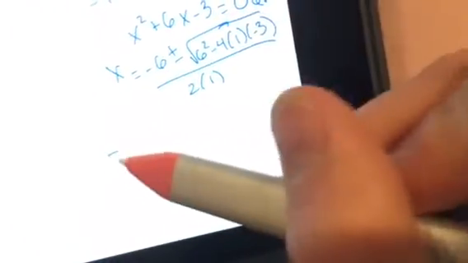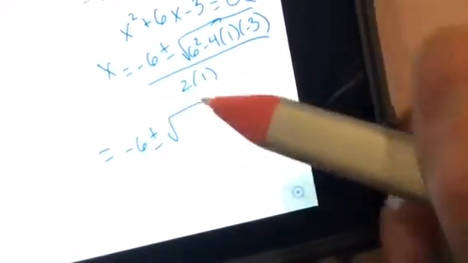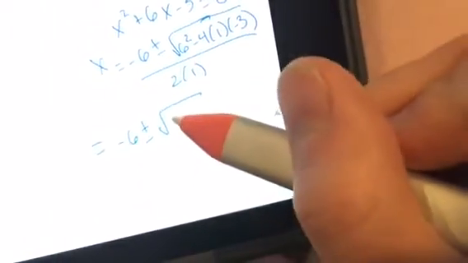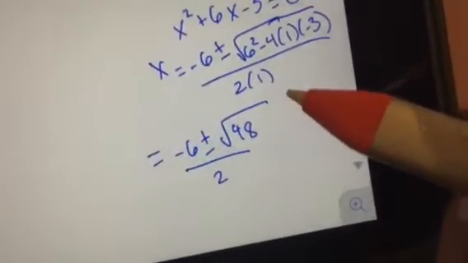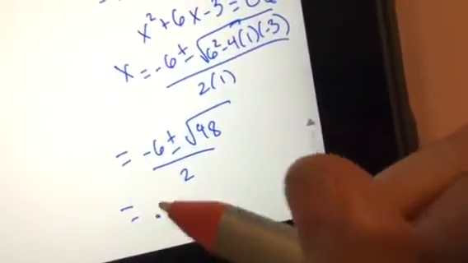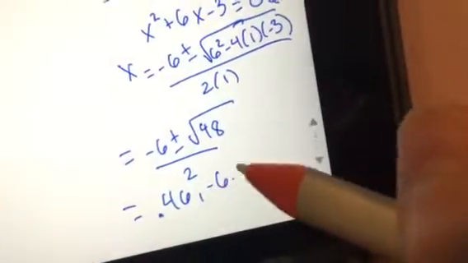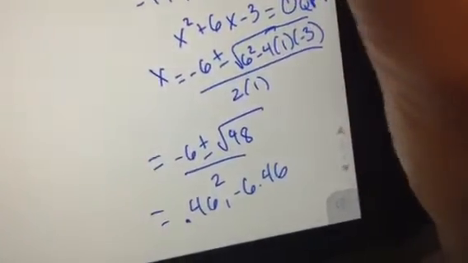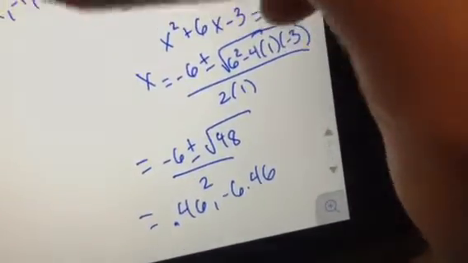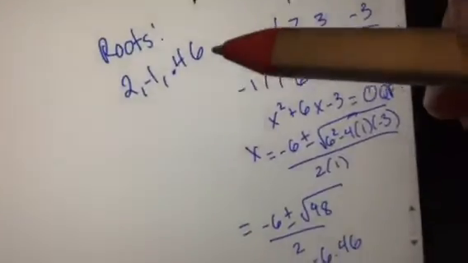I end up getting -6 plus or minus the square root of 36 plus 12, which would be 48, over 2. Since we're graphing, you can get a decimal. You could simplify your root further, but your decimals are 0.46 and -6.46. So my roots for this problem are 2, -1, 0.46, and -6.46.